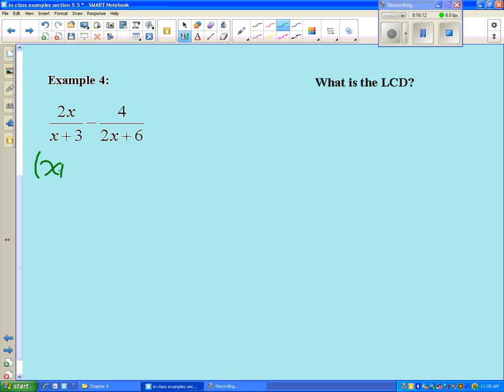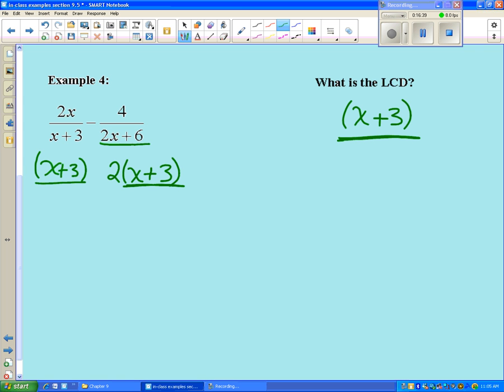My first factor is an x plus 3, so I need an x plus 3 as my factor, as my LCD. 2x plus 6 can be factored as 2 times x plus 3, my greatest common factor of 2 coming out. Well, from the first term, I have an x plus 3, and here I need an x plus 3, I have it. But I also need a 2, so I'm going to add a 2.